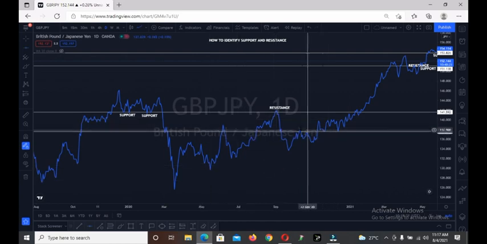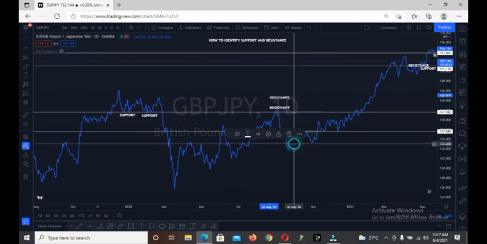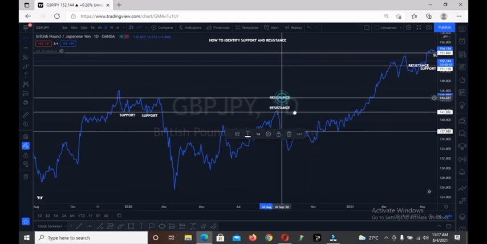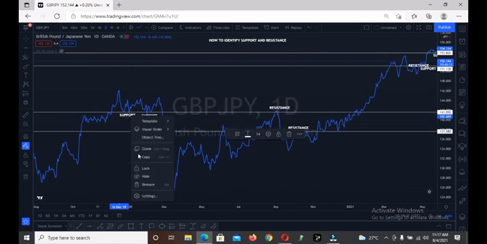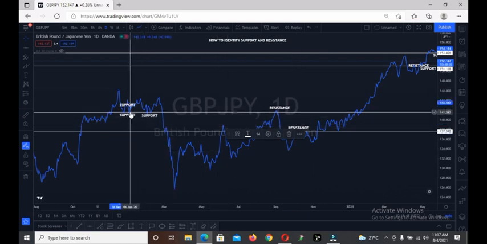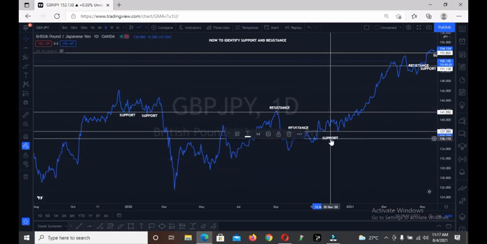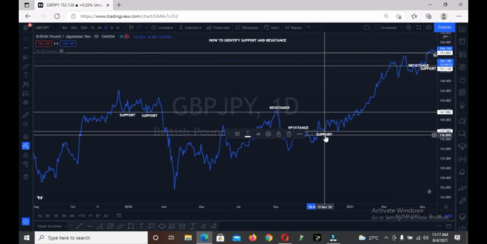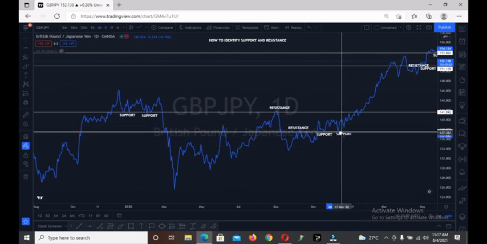Here is a typical example of resistance, support, and then support.